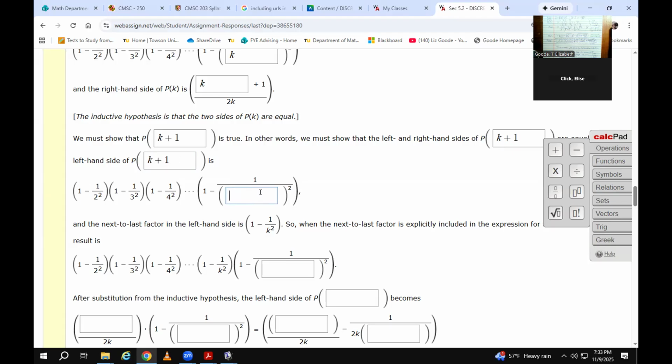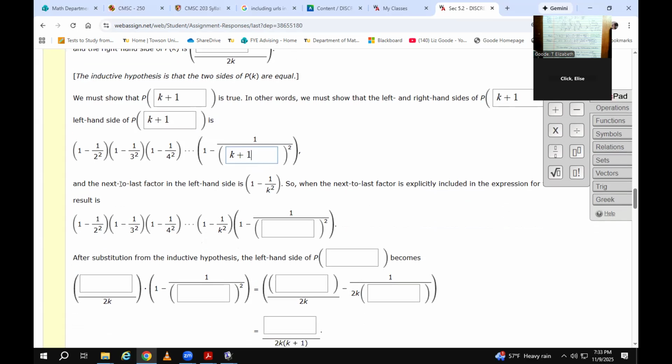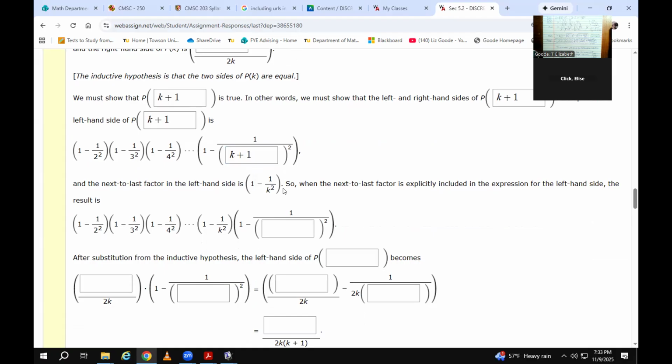Which is k plus 1. And the next to last factor in the left-hand side is actually the 1 minus 1 over k squared. Remember? That's the next to last factor.